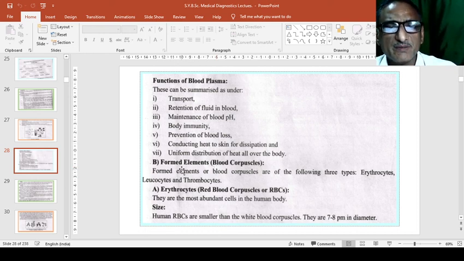So formed elements or blood corpuscles: erythrocytes and leukocytes, that is RBC and WBC. Erythrocytes are the most abundant in the body, and their size is smaller than WBC. They are 7 to 8 micrometers in diameter.